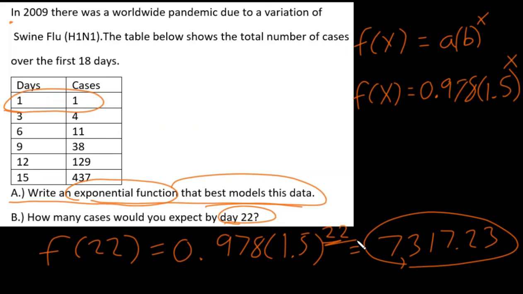So H1N1 was a very, very contagious flu. Now, where this one is different from the coronavirus, COVID-19, is that the 2009 swine flu had a much, much lower death rate. So a lot of people caught it, but a lot of people didn't experience as powerful ill effects as they do from this current coronavirus.